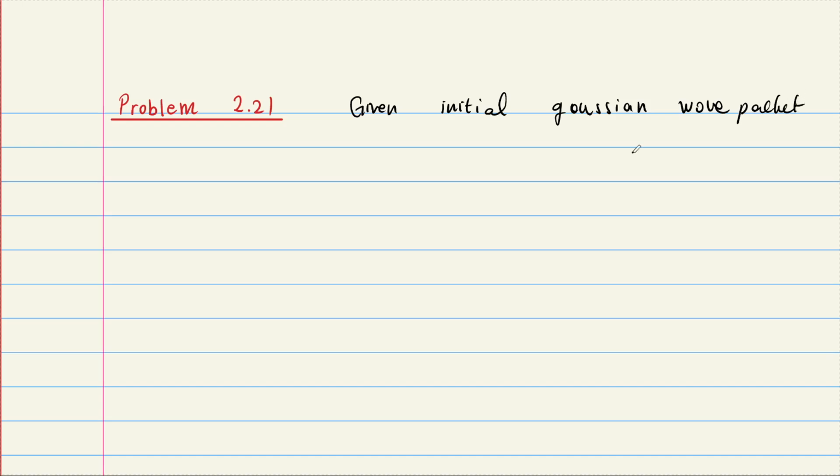So this is problem 2.21. And the problem says, given an initial Gaussian wave packet, so somebody prepared psi of x for us at t equals 0, and it is given to be some A times e to the minus a x squared.